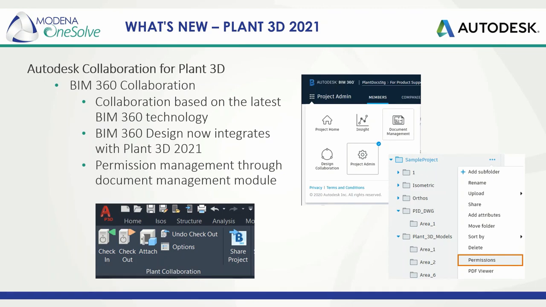In this release, you can now directly share a cloud-based file between AutoCAD Plant 3D and the document management module on the BIM 360 platform. By leveraging the document management module, permission management is now available in the collaboration workflow. With this feature, project teams and the extended stakeholders can securely collaborate and share files and data across locations and disciplines.